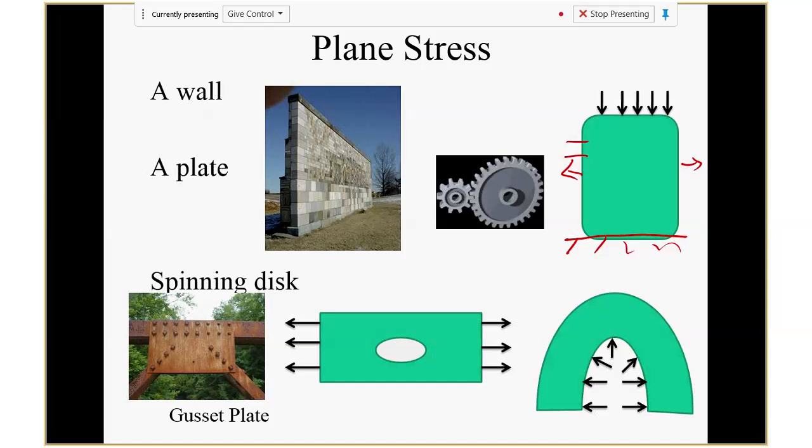So you can pretty much treat it as a plate or a plane, and then treat it as plane stress. In this example, even though there is a hole in the plate, all the stress is within the X or Y direction, within this plane, so we call it plane stress.